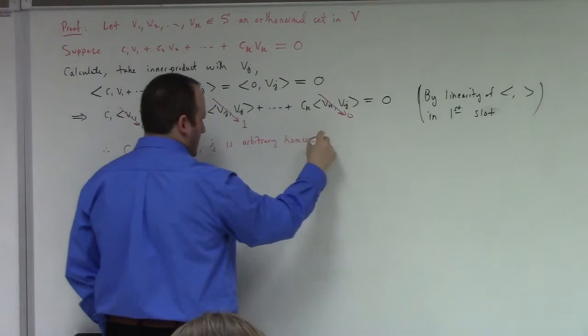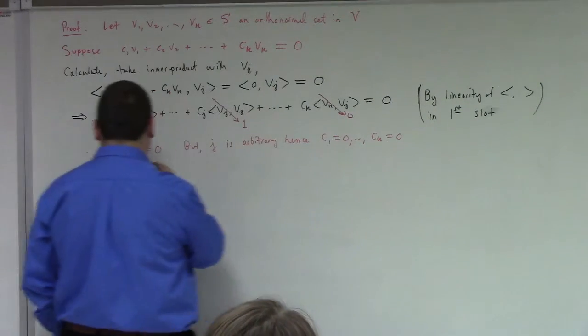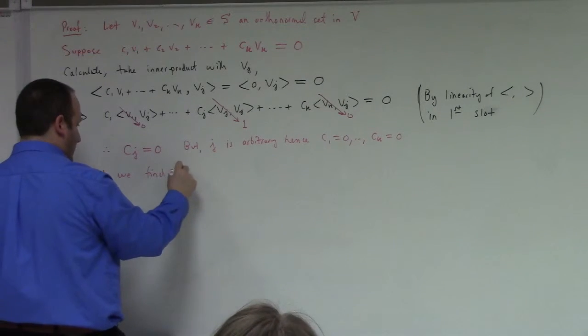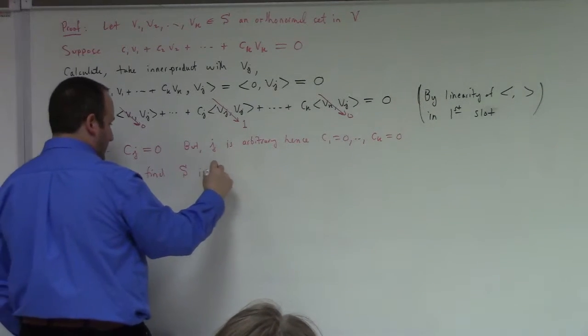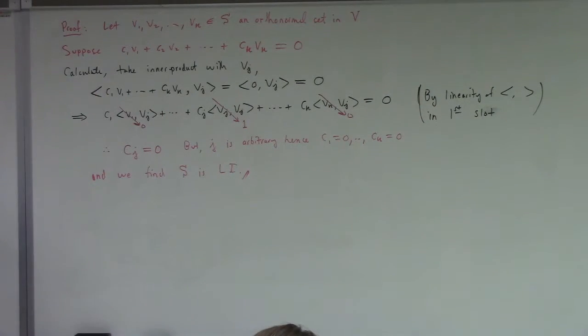Hence, C1 equals 0, all the way to Ck equals 0. And we find S is linearly independent. So orthonormality does imply linear independence.